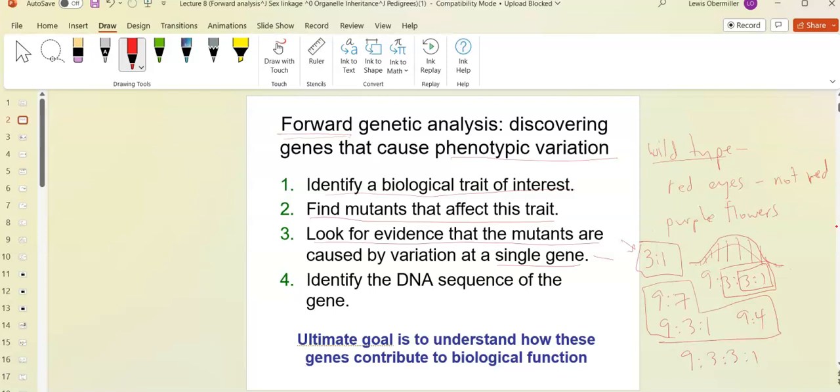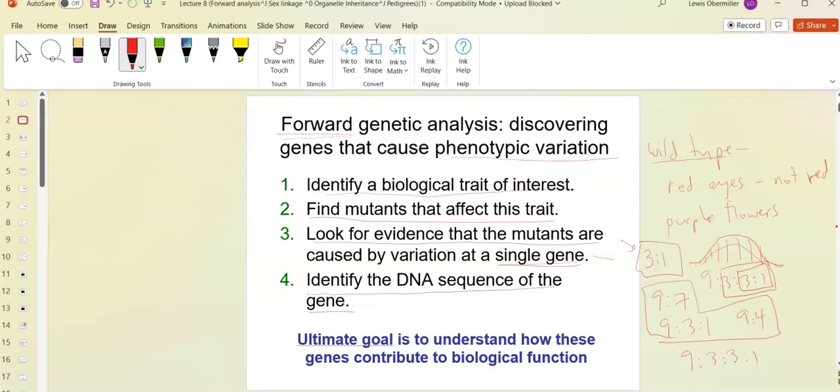And then once we figure out that it's in a single gene, then we go on a fishing expedition to figure out what the DNA sequence of that gene is. That will tell us where the mutation lies and what amino acid change caused that particular mutation, right? So why did the purple pigment not fold into the correct shape and it's no longer purple?